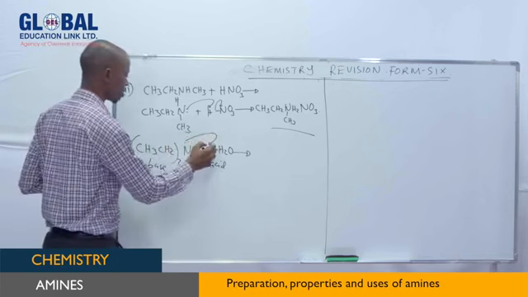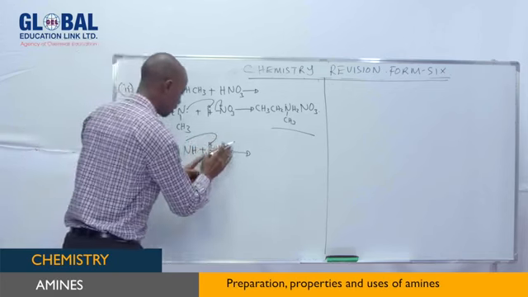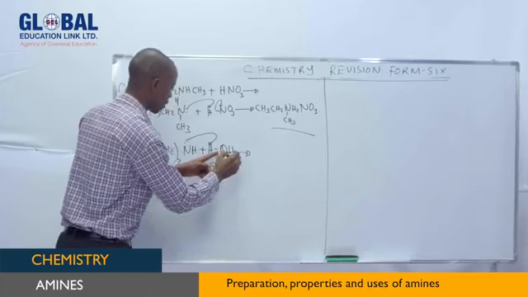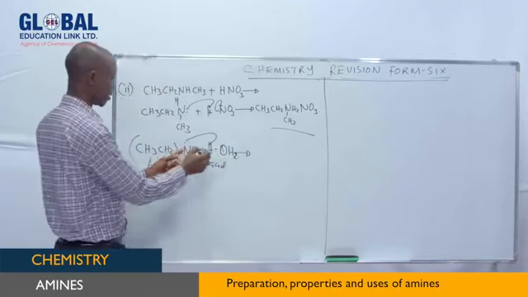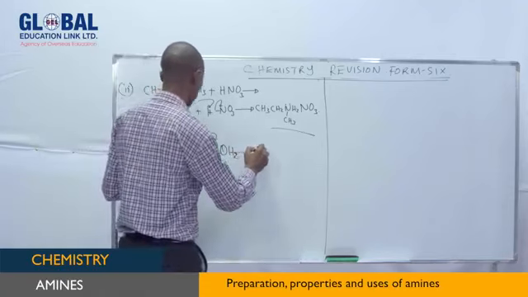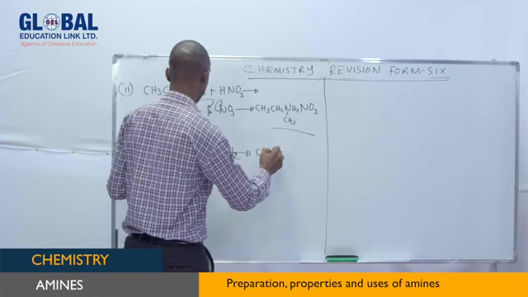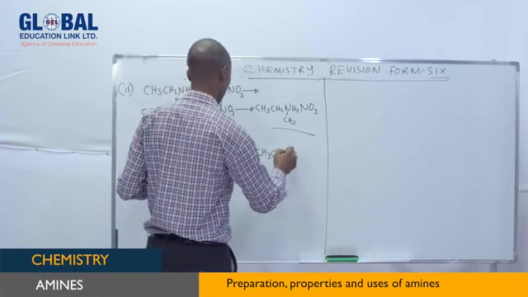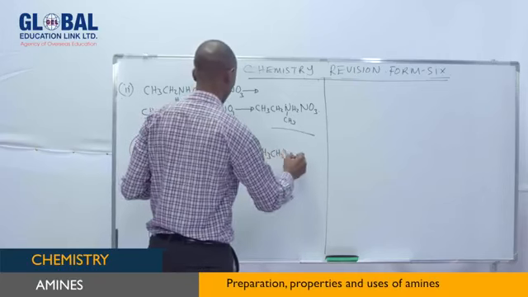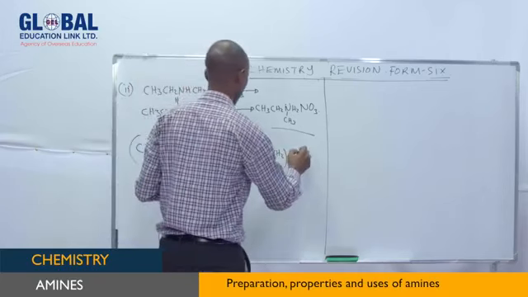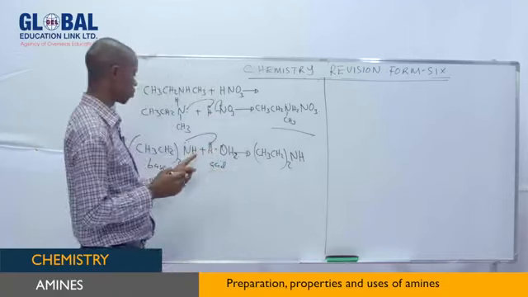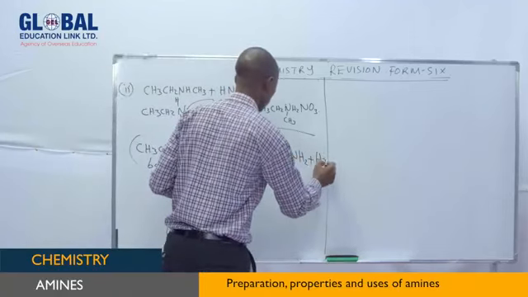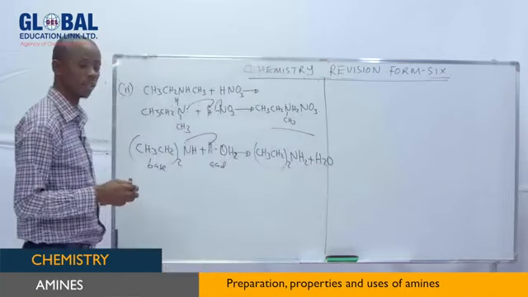Therefore, this will attack this proton, and automatically we have this compound. They are going to be 2 hydrogens, and here we are going to have this one. So that is the one.